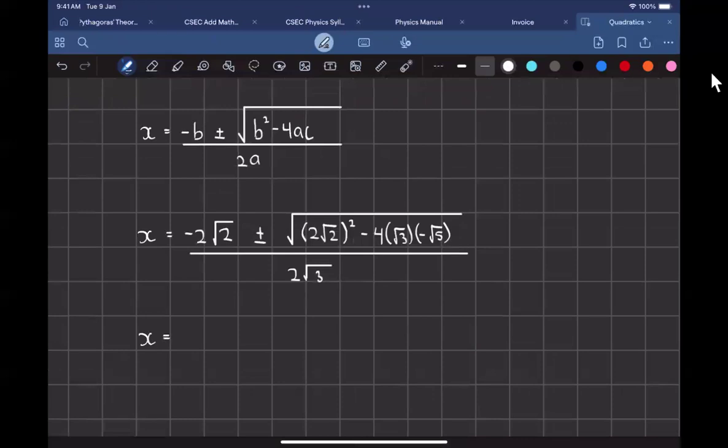Let me show you what I mean now. You see this whole part over here? That whole thing you can plug into your Casio. Exactly what you see now on the screen, plug that into your Casio.